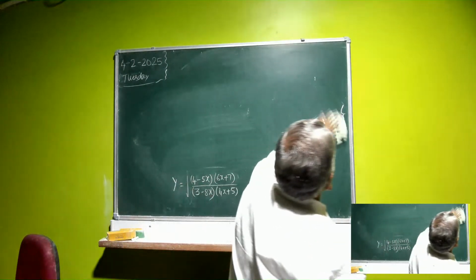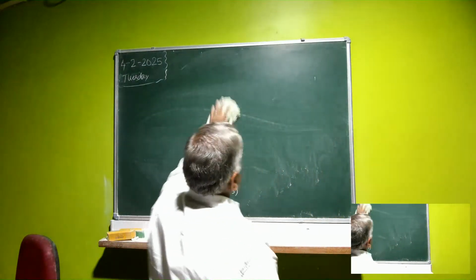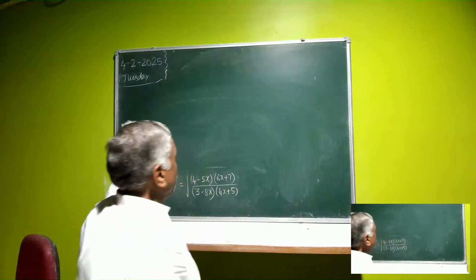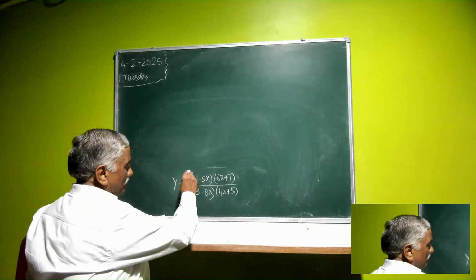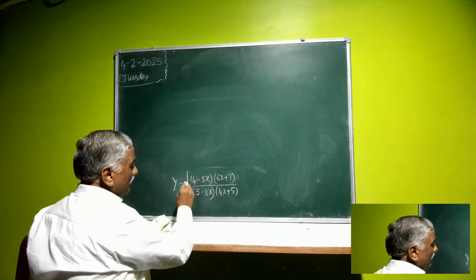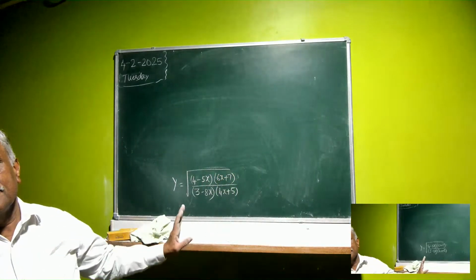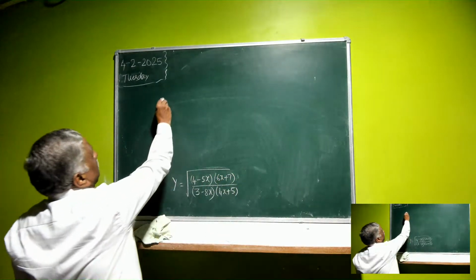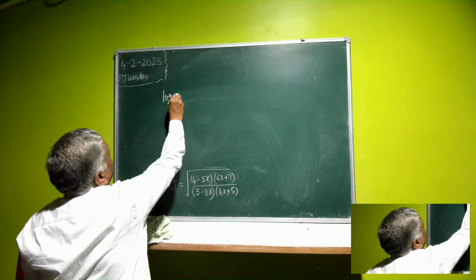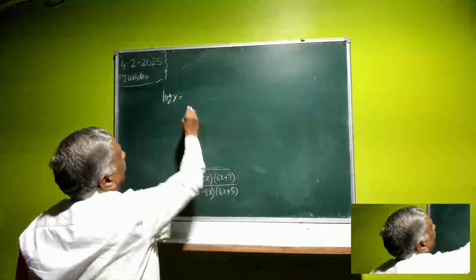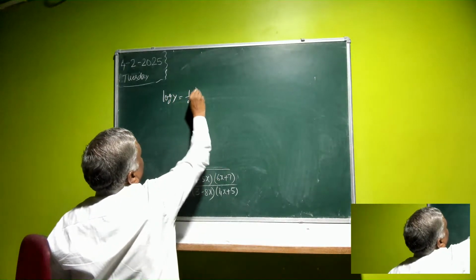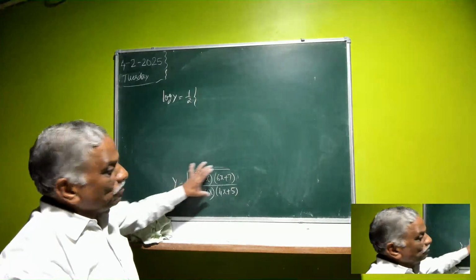I am writing directly the first step what you should write. I am writing the step directly and also explaining how I got this, but you must be able to write the step directly. First step is log y is equal to half outside, y, root means power is half.